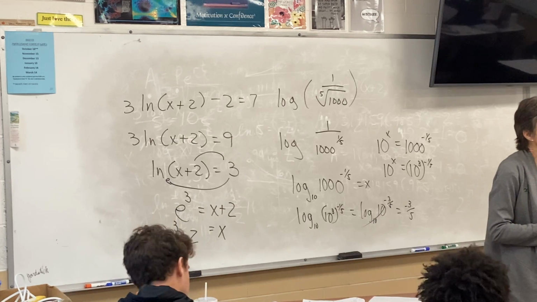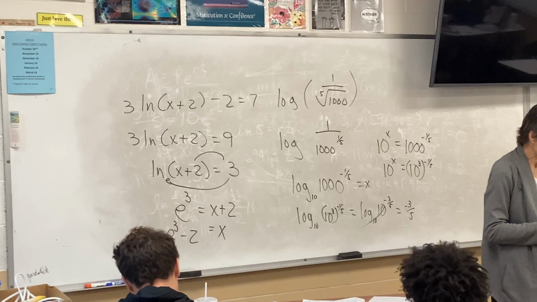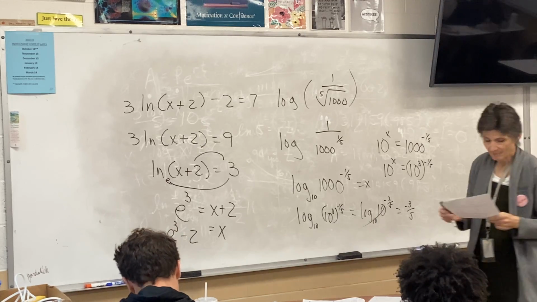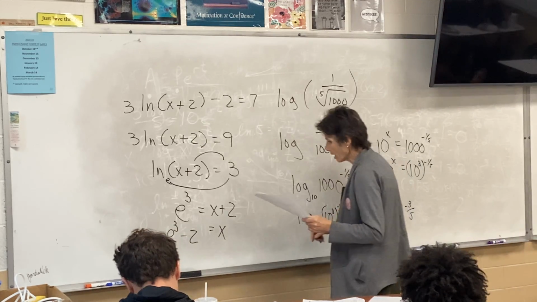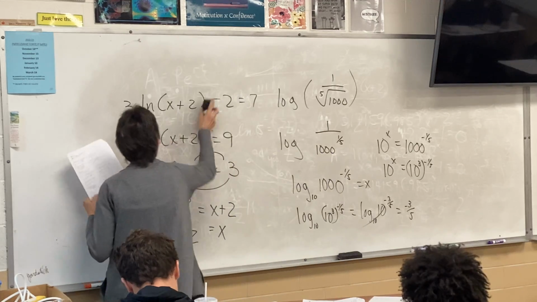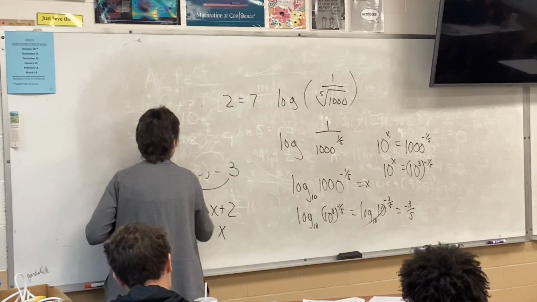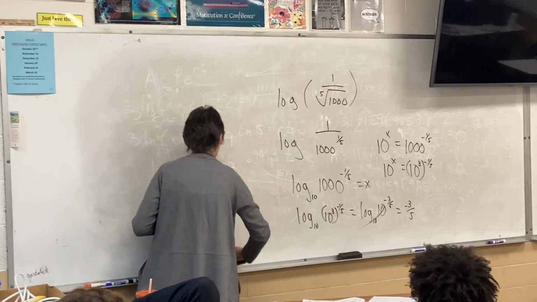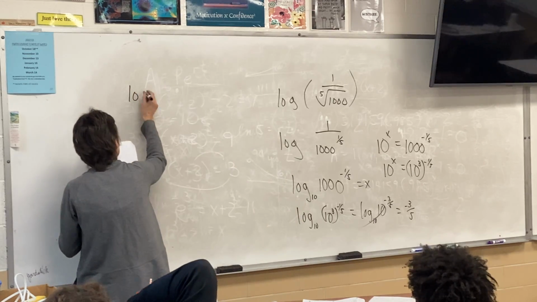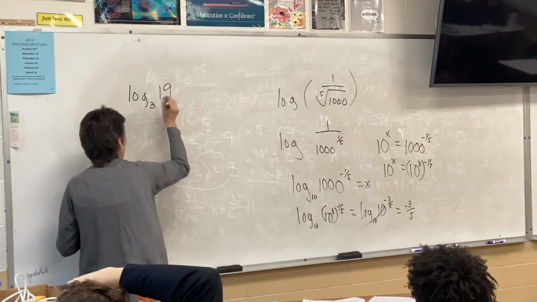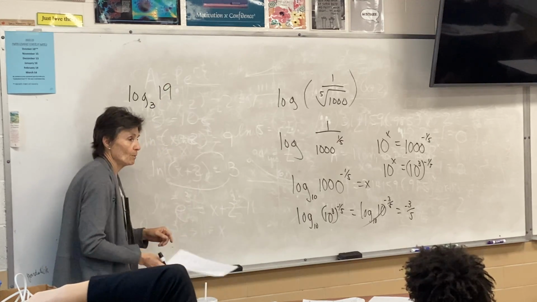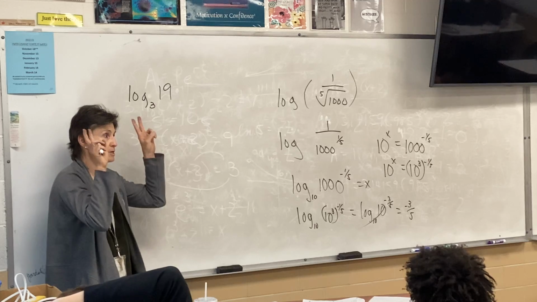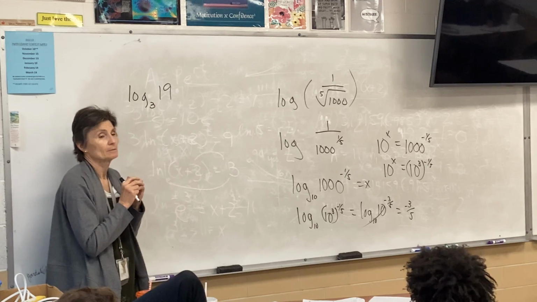Josh? 5A. Non-calculator, 5A, says write in terms of common logs. What are common logs? Common logs are base 10. So this happens to be a log base 3 problem, and we want to change the base.